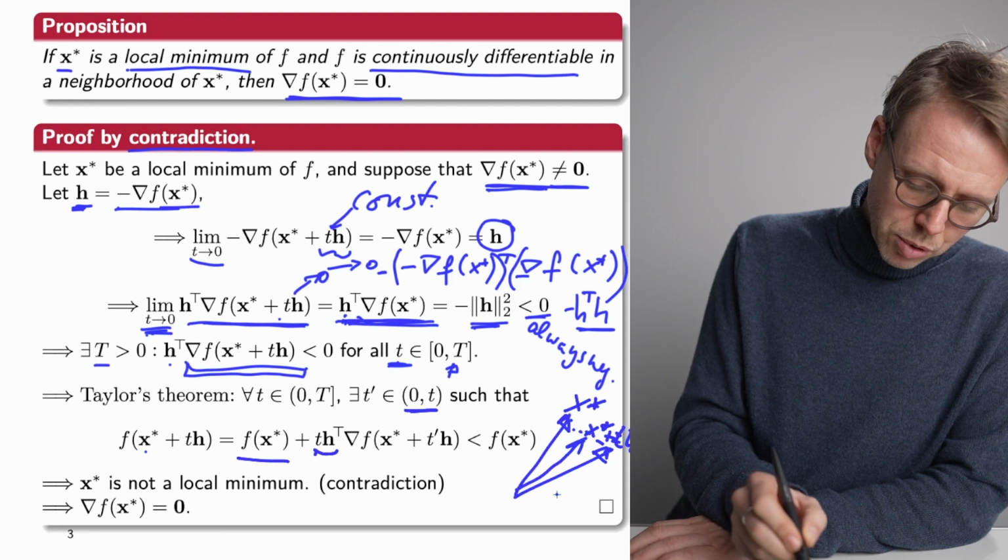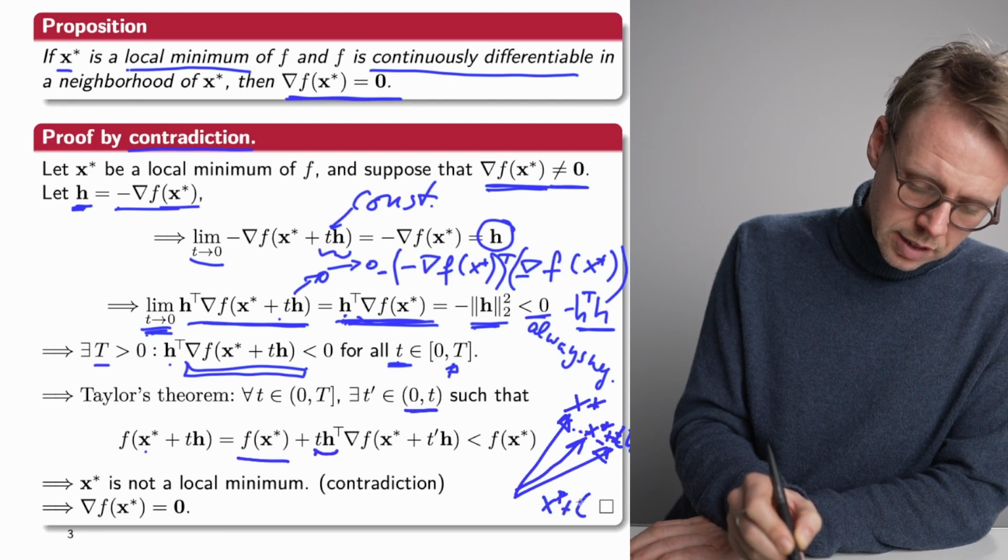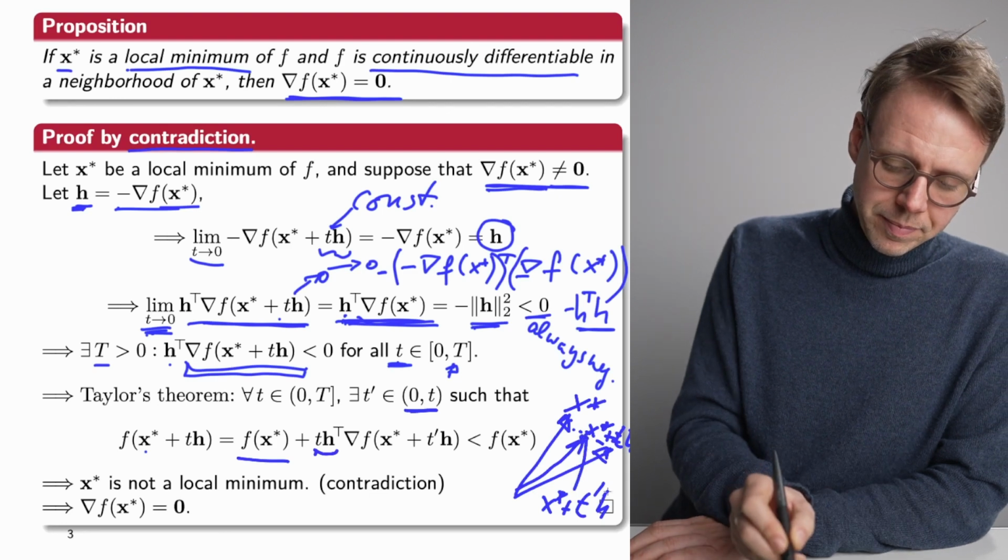So this would be our point x star plus t prime times h over here, yeah?